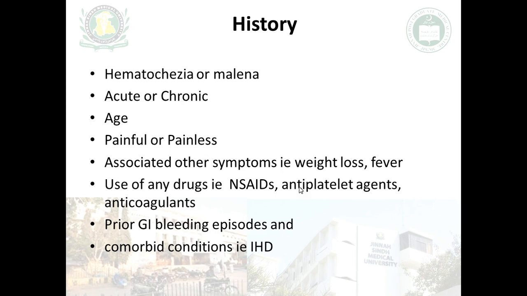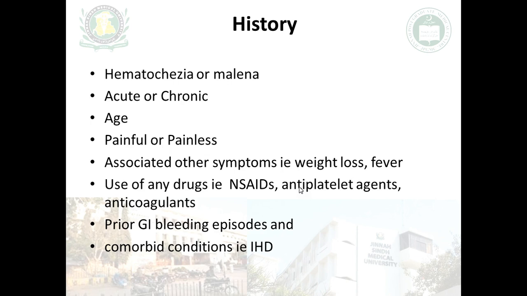For associated symptoms, you will have to ask whether the patient is having fever, weight loss, or other alarming symptoms that suggest something serious is going on, like malignancies or tuberculosis. They can cause fever and weight loss.